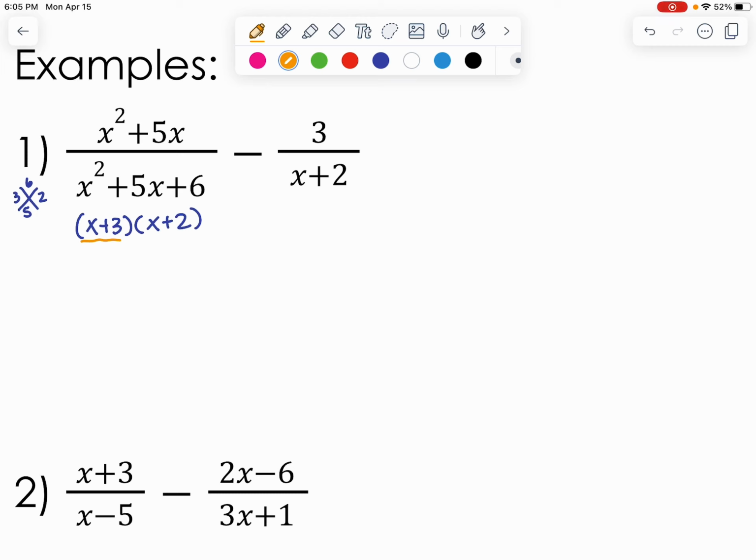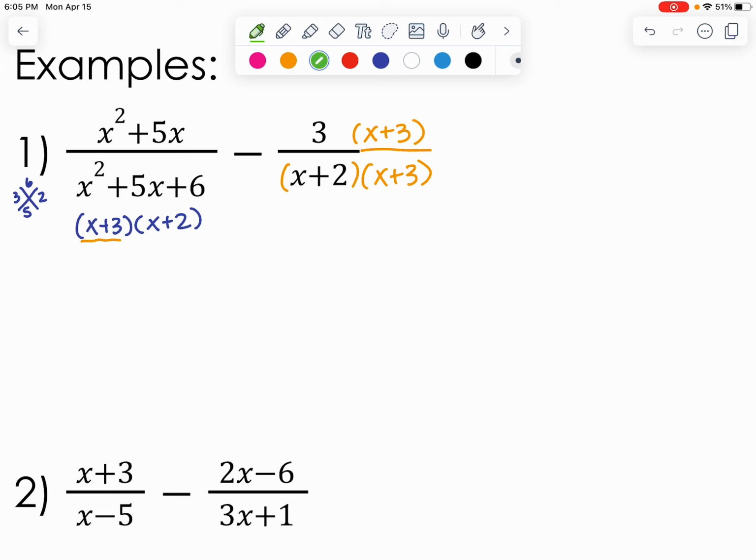They both have an x plus 2. So what we're going to do is multiply that second fraction by x plus 3, so that way they will then have common denominators. Now with fractions, if you multiply the denominator, you must also multiply the numerator in order to keep the fractions equivalent.